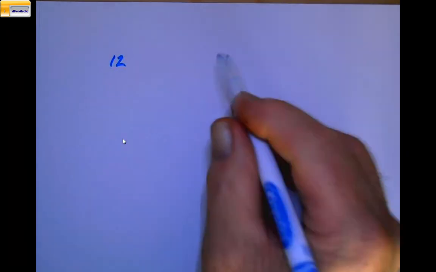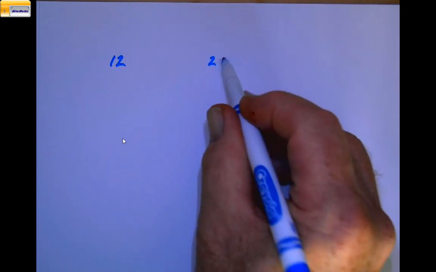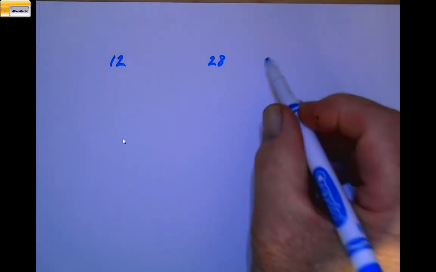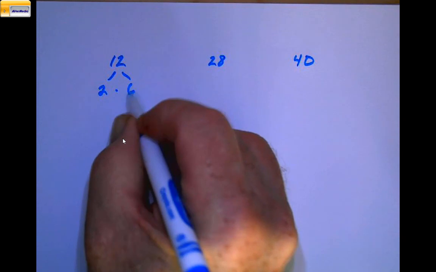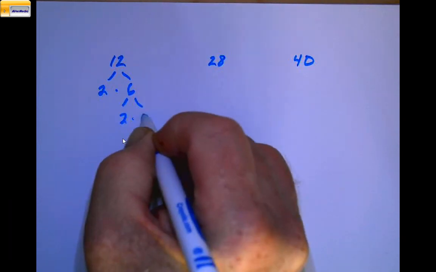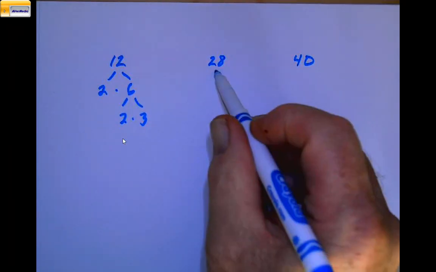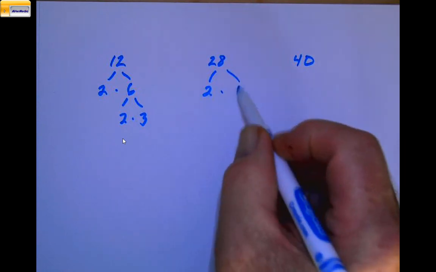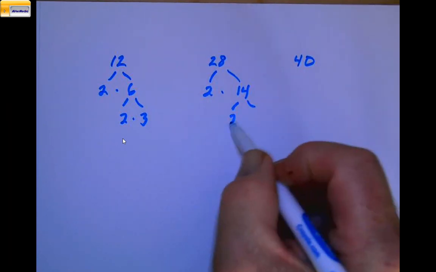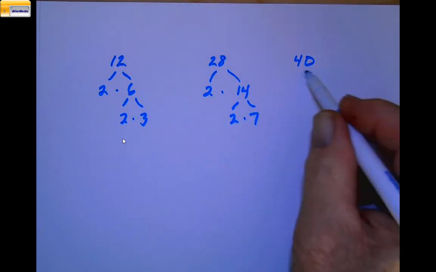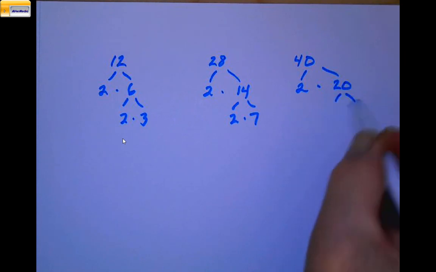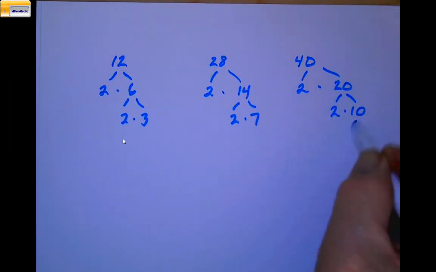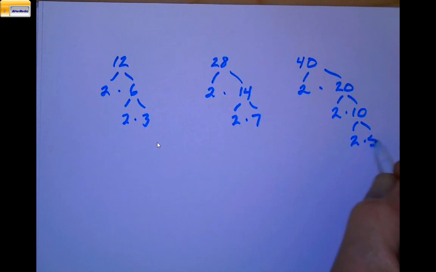I'm going to do this using factor trees. Start with 12. That's 2 times 6, which is 2 times 3. 28 is 2 times 14, which is 2 times 7. 40 is 2 times 20, which is 2 times 10, which is 2 times 5.